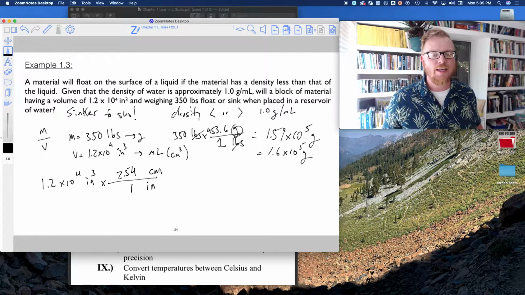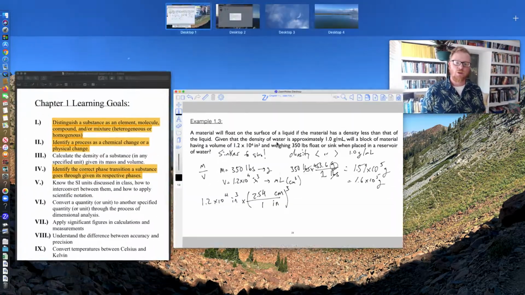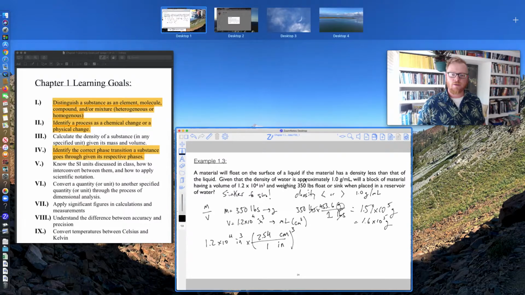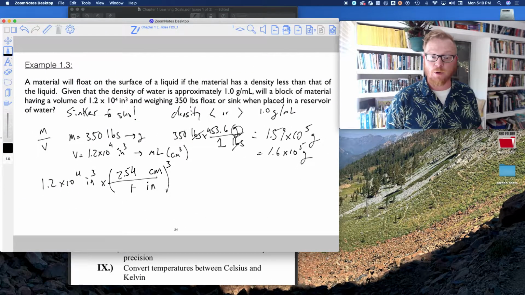Okay. And that's useful because I can say now, in 1 inch, there's 2.54 centimeters, but I didn't get this to be cubed. So I've got to cube the whole thing. Okay? So not only am I going to cube the units, but I'm also going to cube the number.